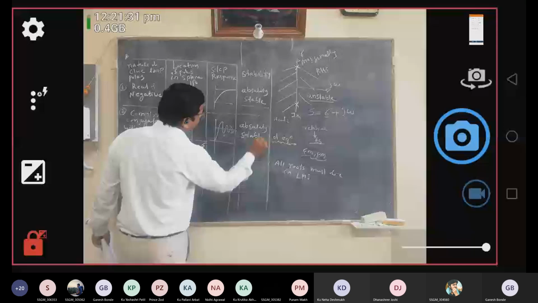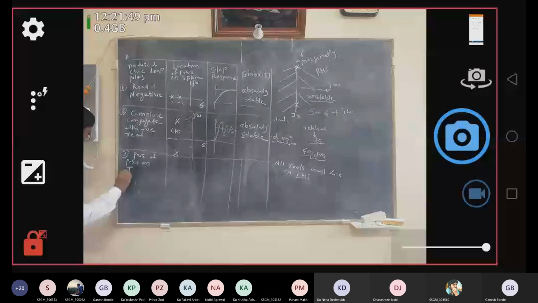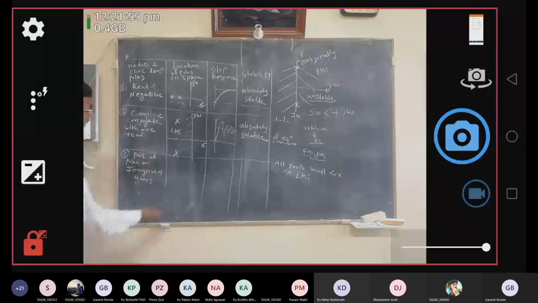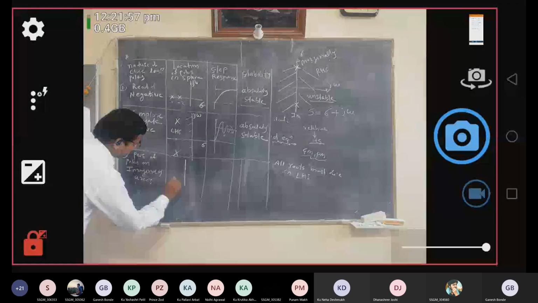Then the third case you can consider is a pair of poles on the imaginary axis. So this will be your complex plane, j omega, sigma. Let's say this is our first pole and second pole.